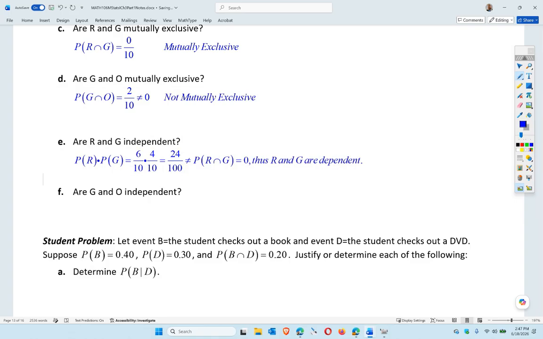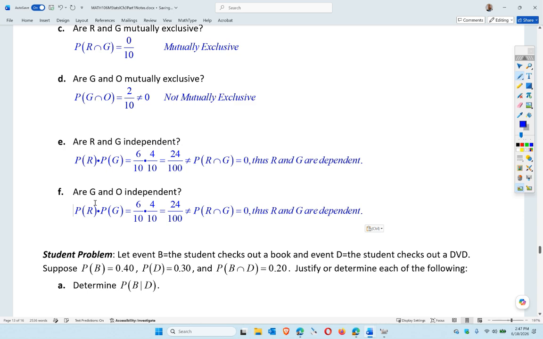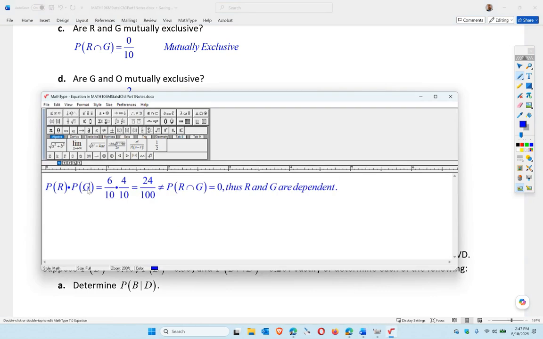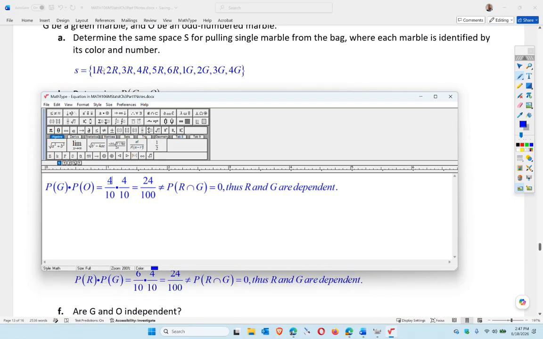So green and odd. So let's try this one here. So we'll do green here, and we'll do odd here. Right. So the greens, there were 4 greens, right? The number of odds, if I look here, there's 1, 3, 5, 1, 3. So there are 5 odd balls, right? So that's 20 out of 100.